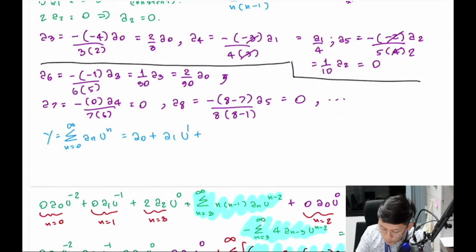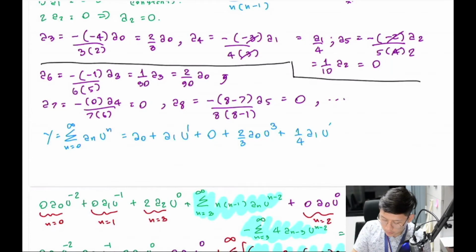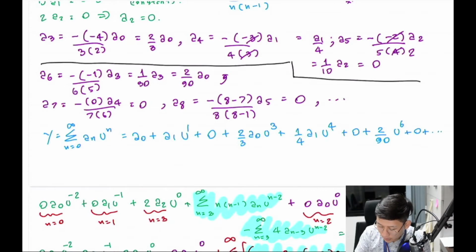Plus A2, but A2 is 0. Plus A3, that is 2/3 A0 u cubed. Plus A4, 1/4 A1 u to the fourth. And then A5 would be 0. A6 would be 2/90 u to the 6, and then A7 is 0 as well, and then so on.